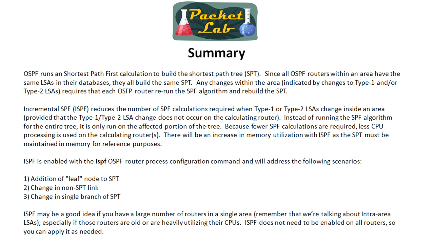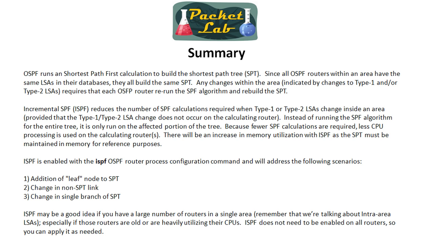So we can save some CPU cycles and network reconvergence time by only running the shortest path first algorithm on that specific portion of the tree that is affected. And the way that we can do that is by implementing a feature called Incremental SPF. What that's going to do is allow us in those 3 situations to avoid running a full shortest path first algorithm and just run what's called an incremental or partial SPF algorithm on the portion of the tree that's affected.